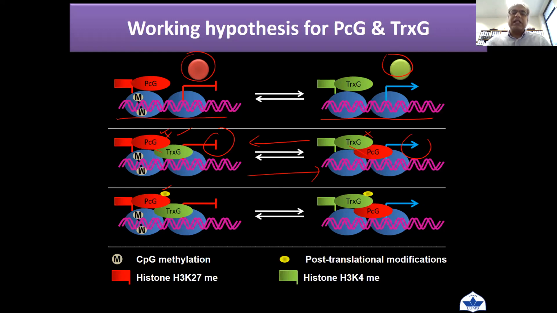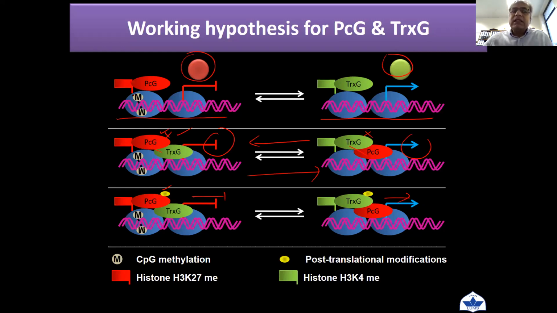If there are post-translational modifications of the Polycomb group, they may favor Polycomb and then the gene is switched off. And if there are post-translational modifications, or some cell signaling event, not necessarily a modification of Trithorax, that will switch on the gene in favor of Trithorax.